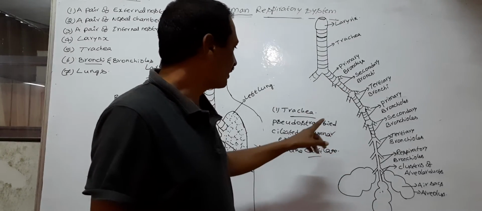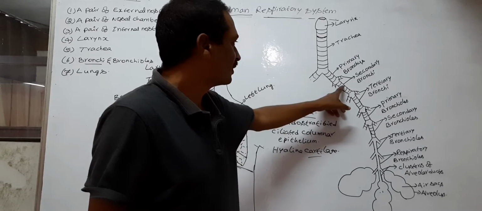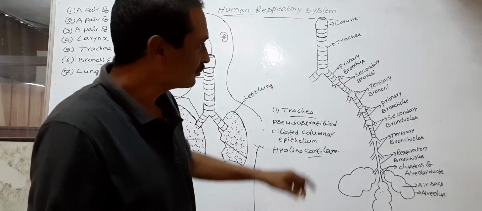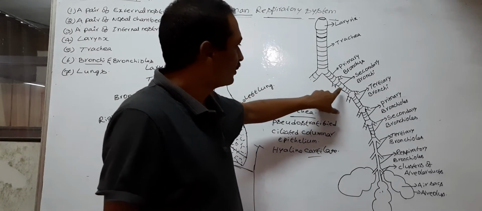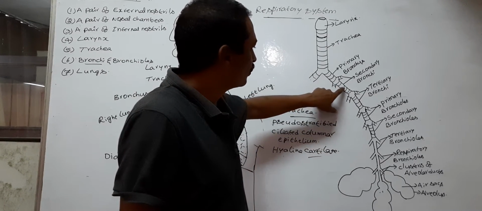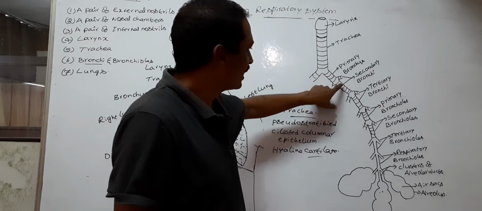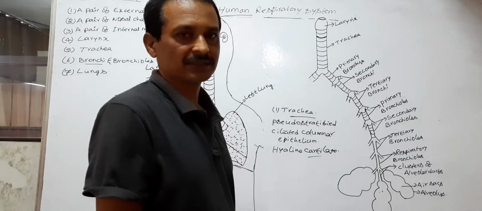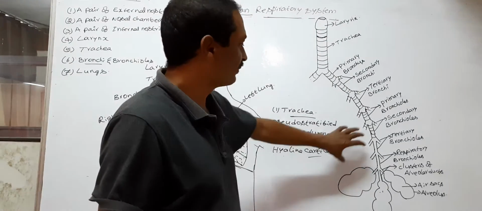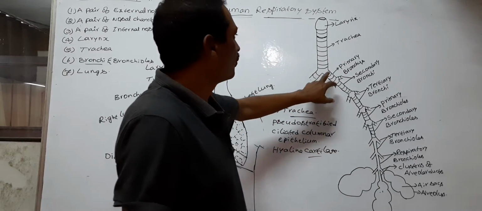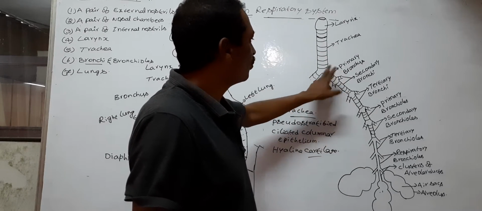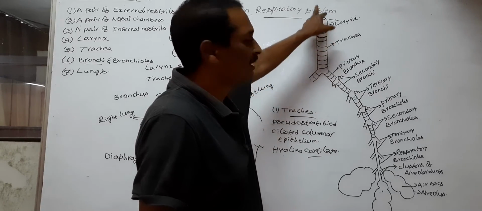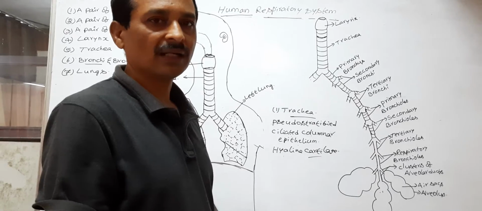The ciliated epithelium of the primary, secondary, and tertiary bronchi moves the dust particles away from the lungs, towards the trachea, larynx, and buccal chamber.